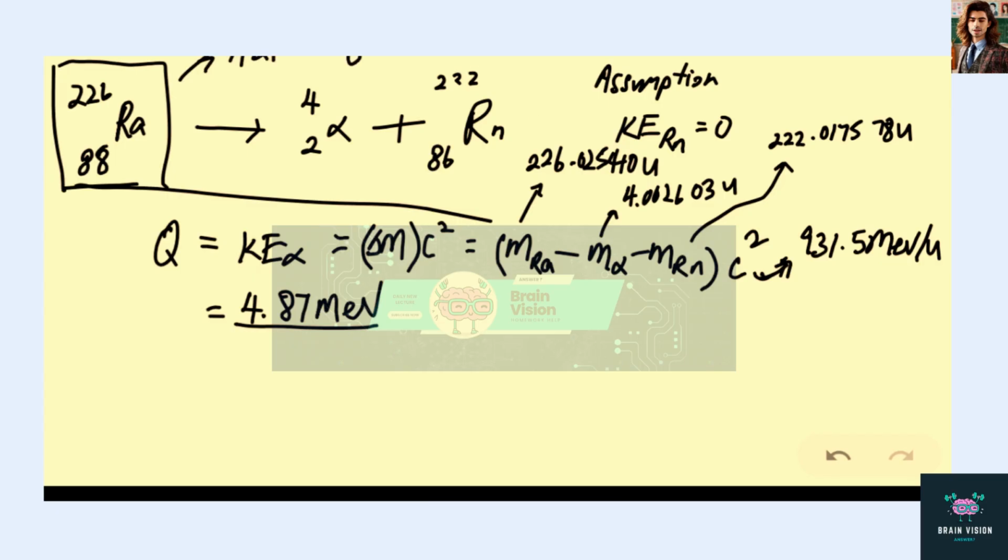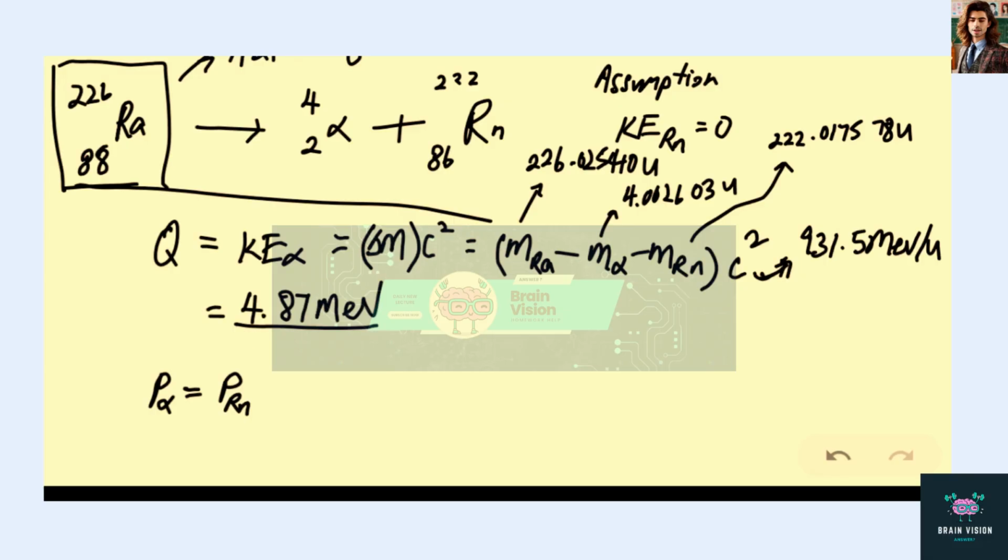That is, the total momentum of this system must be 0, so the final momentum of this system must be 0 as well. This tells us that the magnitude of the momentum p of the alpha particle must be equal to the magnitude of the momentum of the radon, the daughter nuclide.